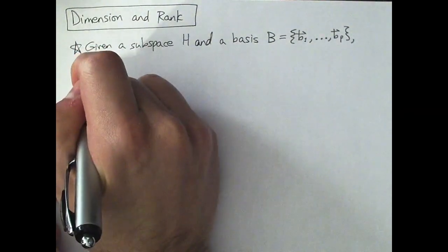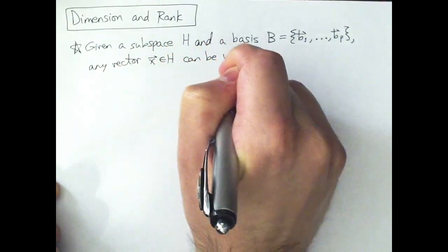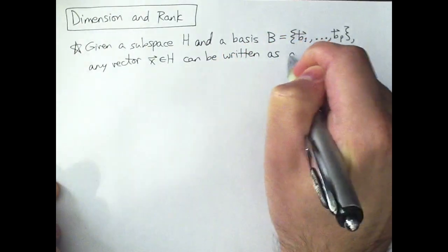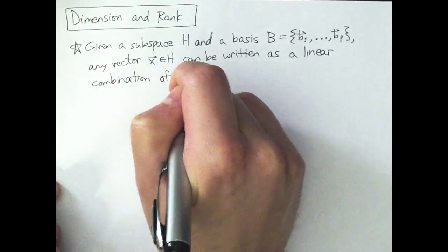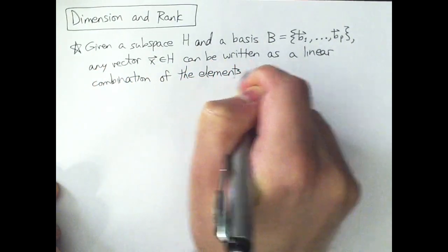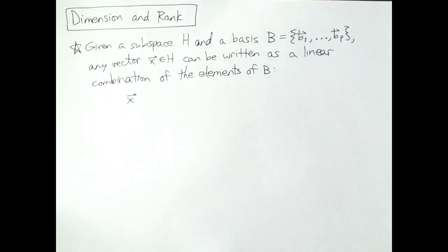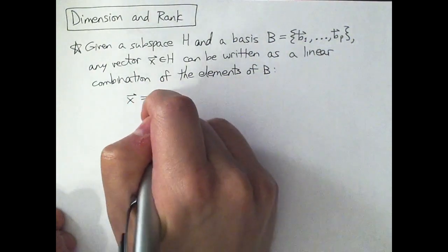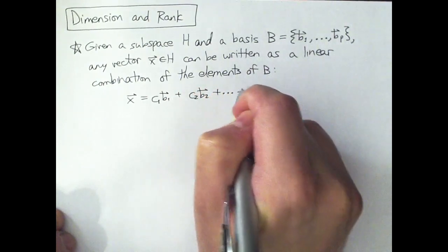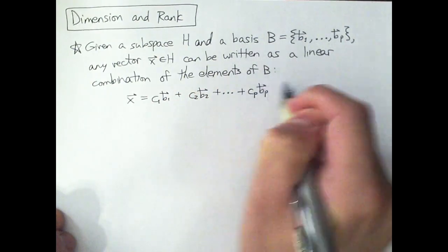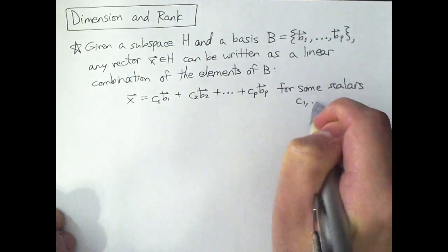Now, we're given a subspace and a basis for it. Any vector x in H can be written as a linear combination of the elements of B. What I mean is, my vector x can be written as a constant times b1 plus a constant times b2 plus etc. up to a constant times bp for some scalars c1 through cp.